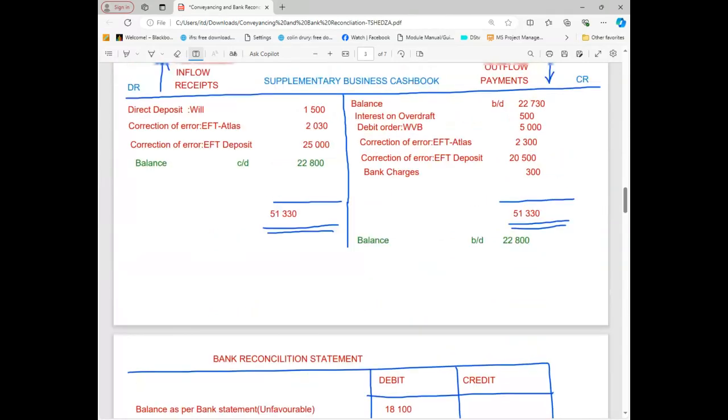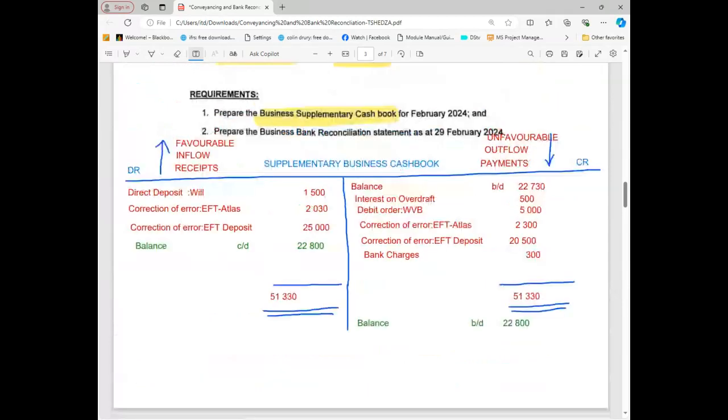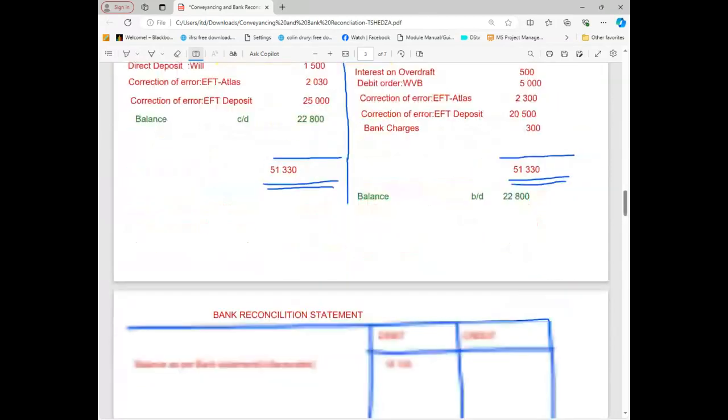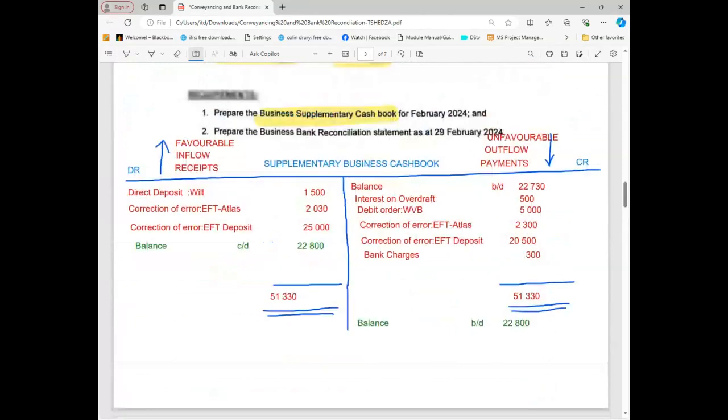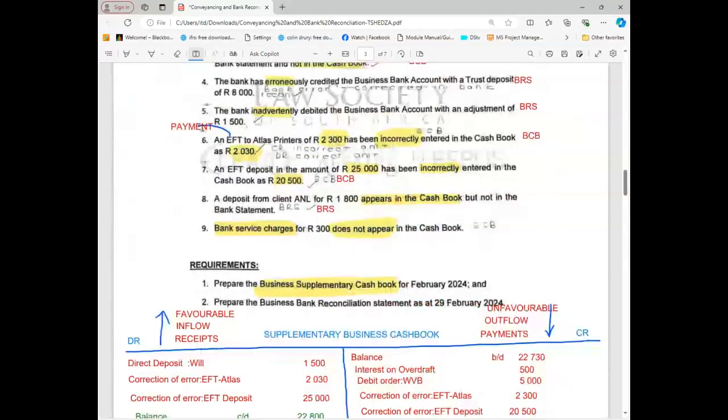Deposit always favorable, on the credit side. Now, it depends. Maybe they can give you more than one deposit, so it doesn't matter. You treat them the same. If you've got 4, you're going to record them the same way you have recorded this one.